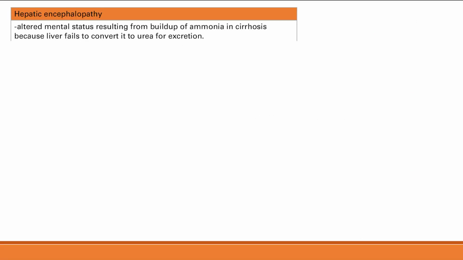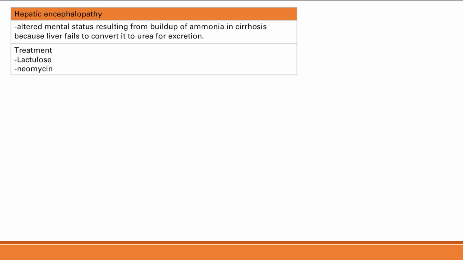So I told you I'll talk more about hepatic encephalopathy. Liver normally turns your ammonia into urea for excretion. It doesn't happen because your liver is not working well. Ammonia causes altered mental status. You get asterixis. The way you treat this is with lactulose. So how does that help? Lactulose is converted to lactic acid by gut bacteria.